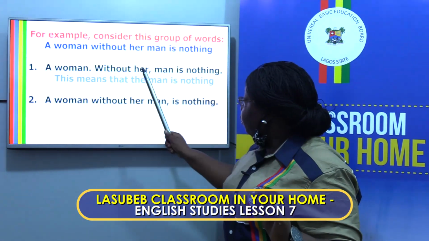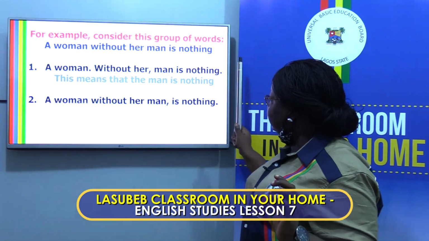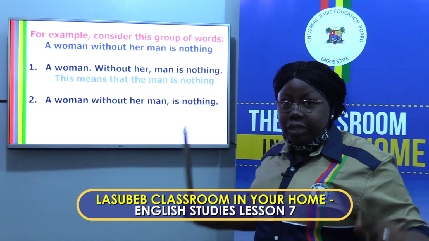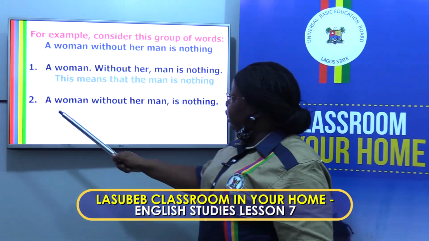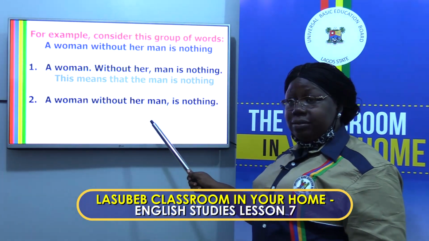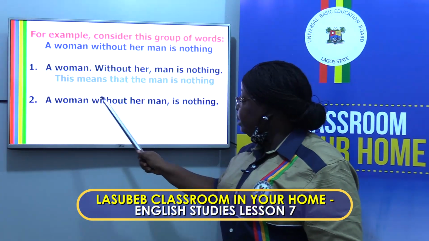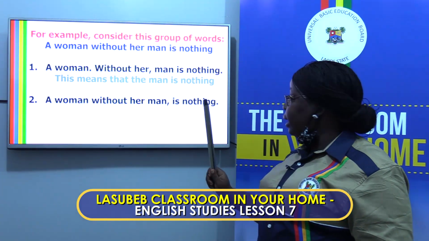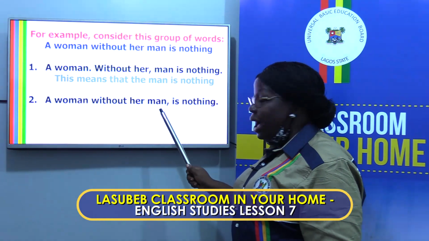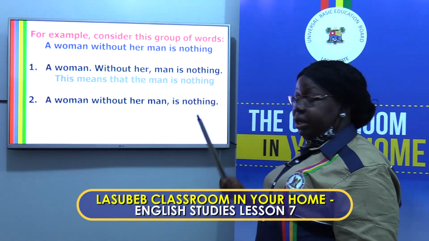A woman without a, man is nothing. That is the implication. Man is nothing without a woman. Now look at this second sentence. A woman without a man, comma, is nothing.